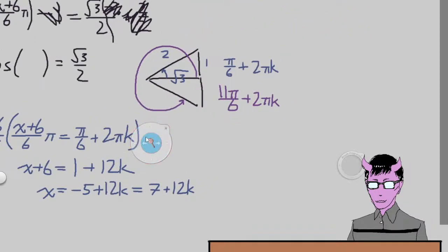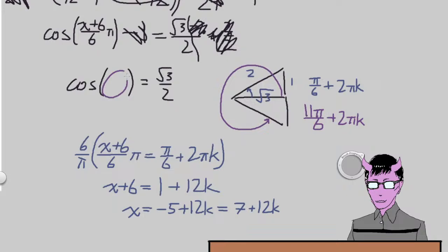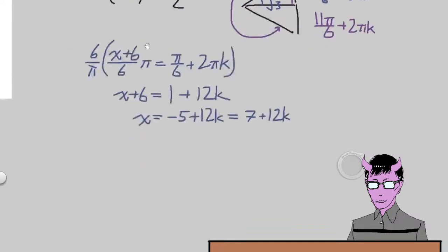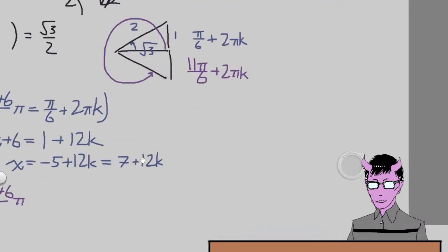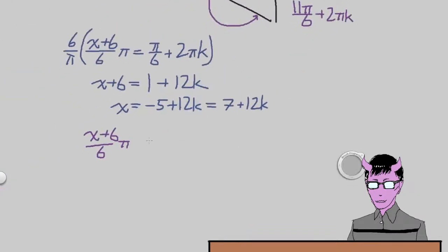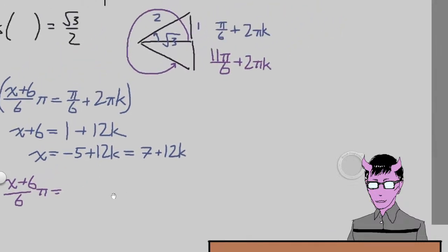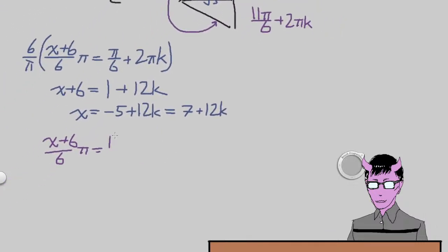Answer set number 2. Again, forcing the inside, which is this. So (x plus 6) over 6, we have pi. And then we're going to force it to be equal to this one. What is that? So we have 11 pi over 6 plus 2 pi k.